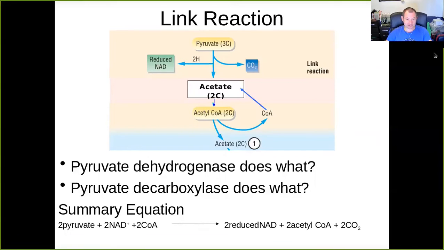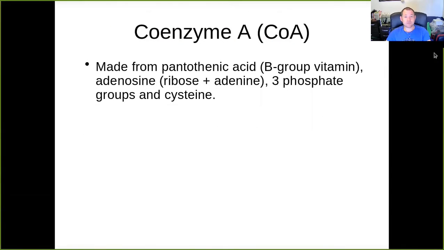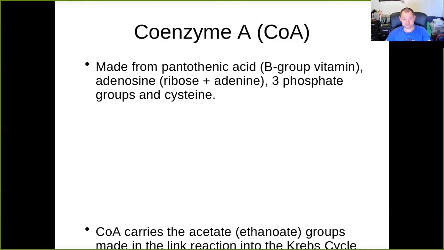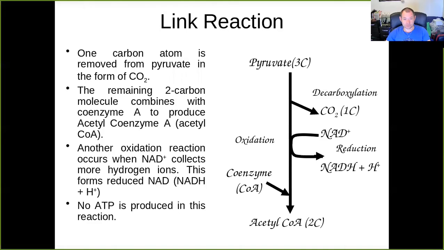So coenzyme A is made from another B group vitamin, adenosine, which is ribose and adenine, a sugar and a base. And then there are 3 phosphate groups and a cysteine. The purpose of coenzyme A is that it carries the acetate groups made in the link reaction into the Krebs cycle.